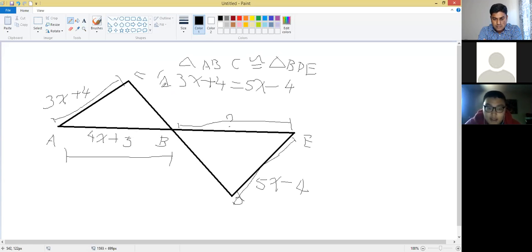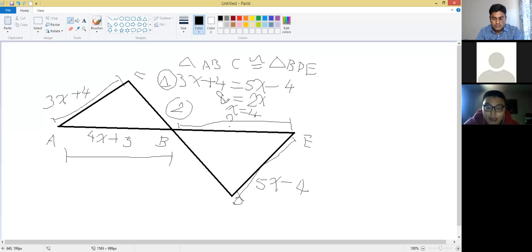After this, we can solve for x. So what's x? X is both side minus 3x, 2x left. Both side plus 4, we have 8. So x equal to 4. After we find out x equal to 4, that's step 2.